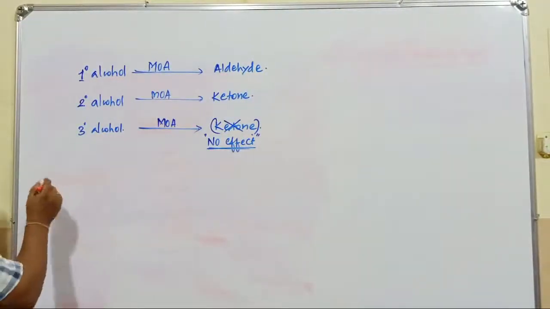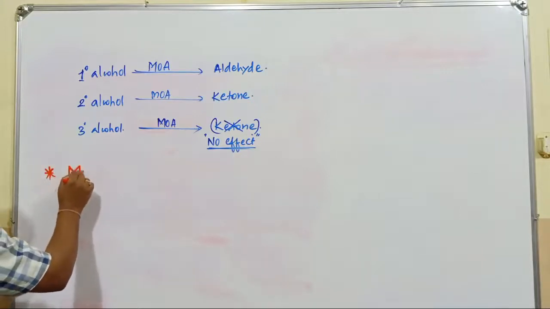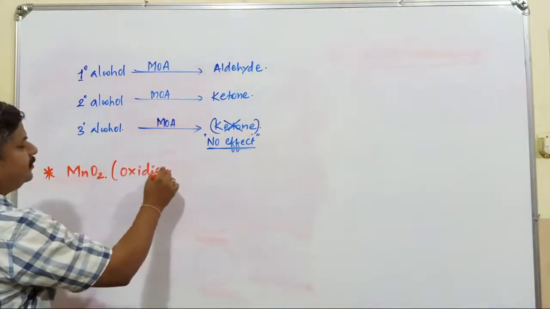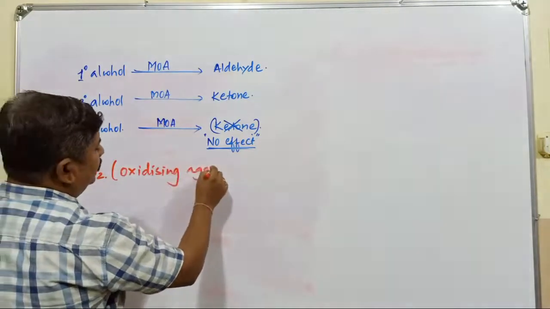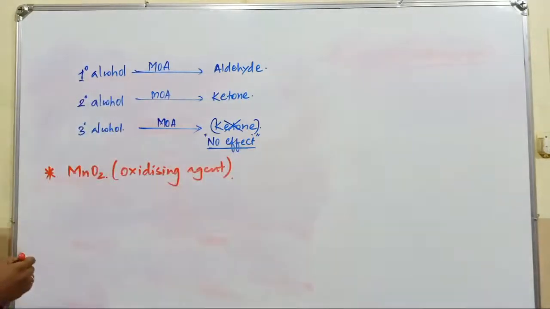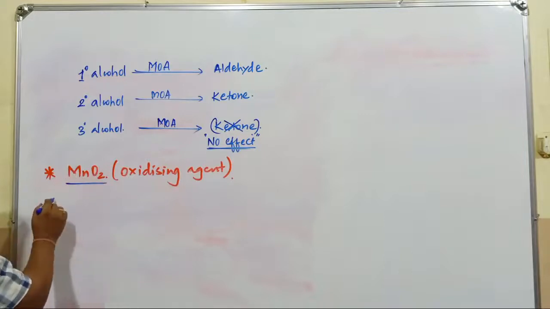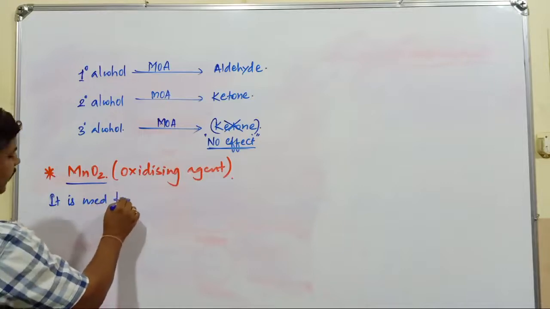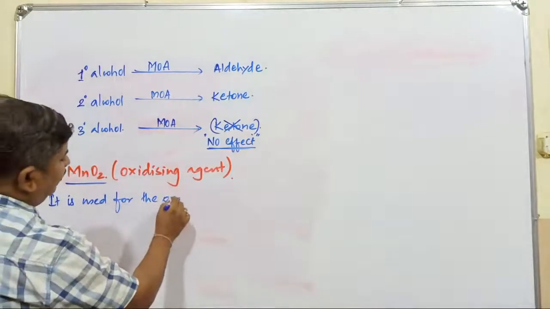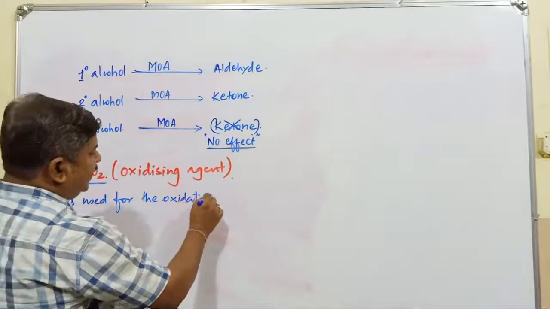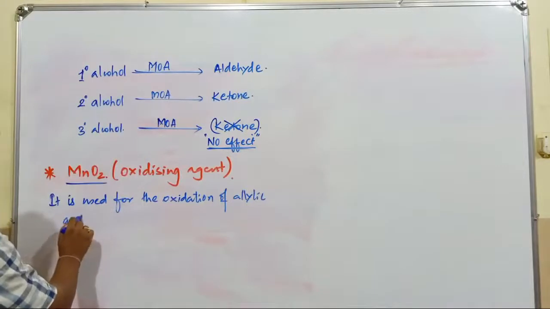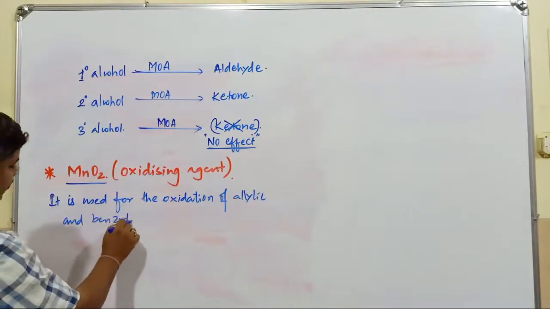There is one more substance that is commonly used, MnO2. MnO2 is also used as an oxidizing agent, students. Just to correct that particular point, MnO2 is used for the oxidation of allylic and benzylic alcohols.